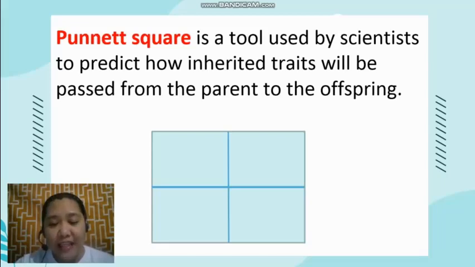You can have the lines drawn up to those different corners, or you can extend those lines to help you write the alleles of the parents so as not to confuse them with the alleles formed through the inheritance patterns of the offspring. So let us have an example of using this Punnett square.